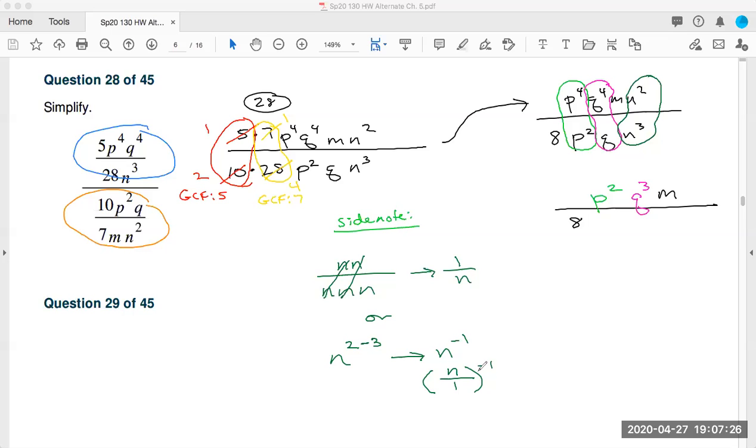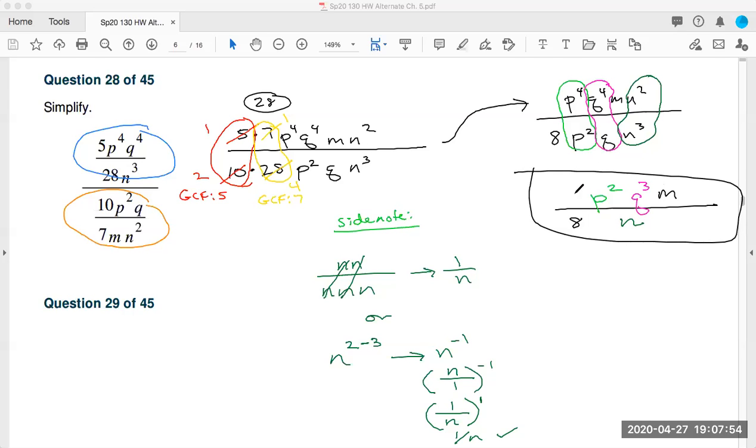If you want to get rid of the negative in the exponent, flip the 1 and the n, and then make the exponent positive. So you still come out with 1 over n. So the n should be in the denominator. Okay, and then this should be our final answer. It doesn't matter which order you put the terms in. Like I could put the m first or the q to the 3rd first. As long as they're just being multiplied by each other, you can do that.